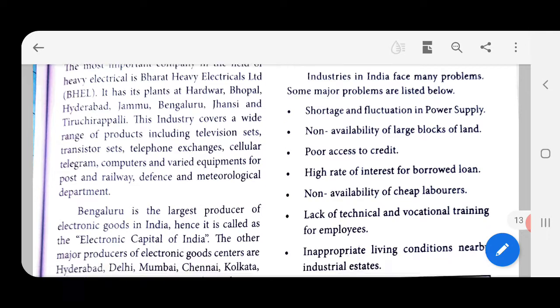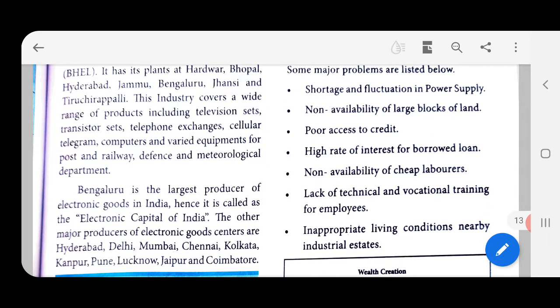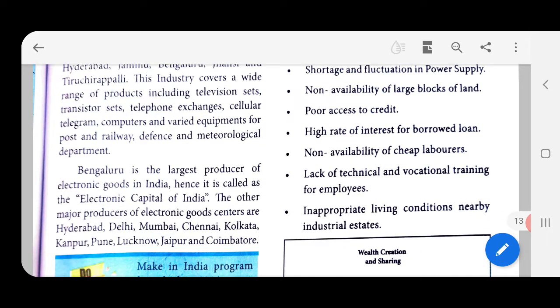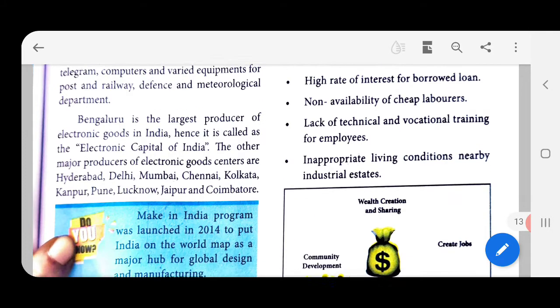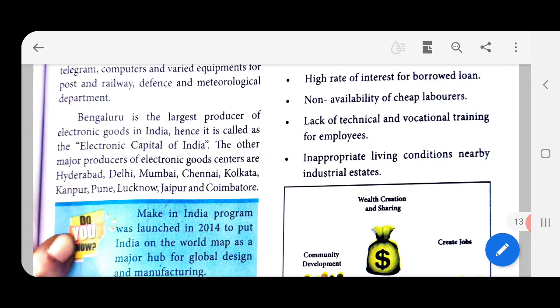This industry covers a wide range of products, including television sets, transistor sets, telephone exchanges, cellular phones, telegram, computers and varied equipment for post and railway, defense and meteorological department. Meteorological means weather department.